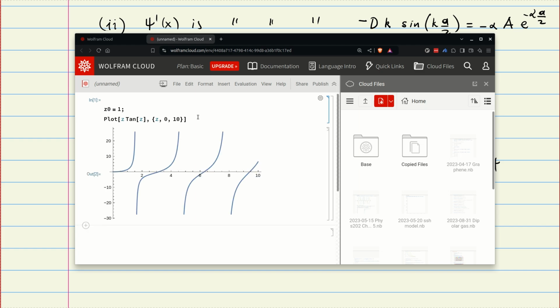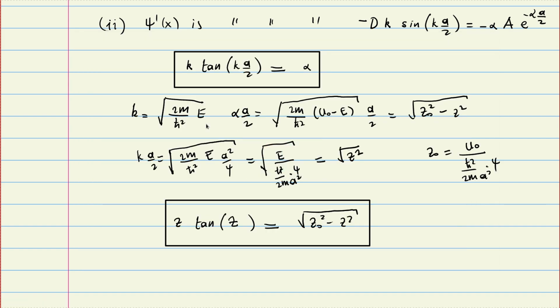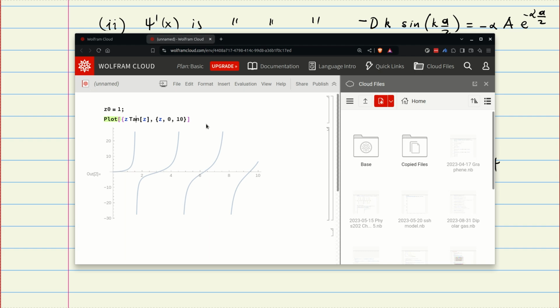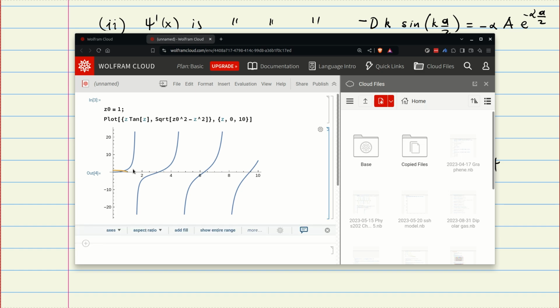Okay, this is tangent multiplied with z, but I want to compare it with the right hand side, which is something like that: square root of z naught square minus z square. And hopefully they'll intersect. Here you can see there's some intersection.